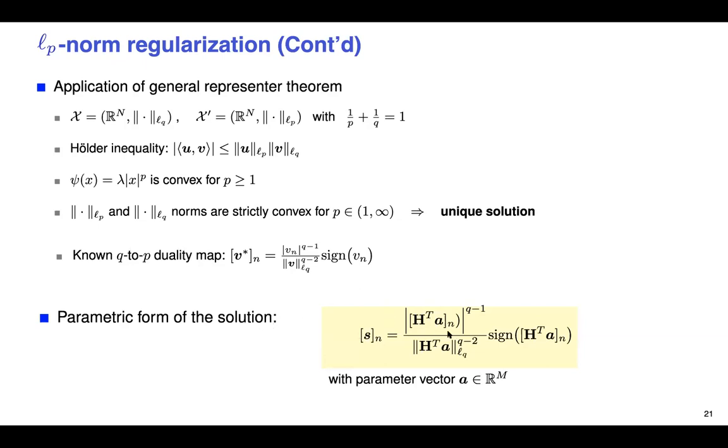The solution is parametrized in terms of a vector a that lies in m dimensions. So this is a nonlinear map, but it describes a parametric manifold of the solutions of our optimization problem. Relating this to the duality map is not completely standard, and in fact, it leads to some interesting insights.